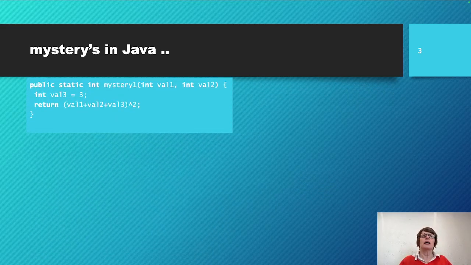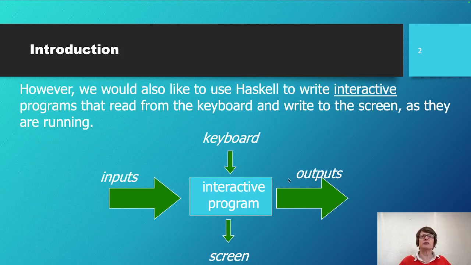But in that case, the way we describe that in Haskell is that the outside world is coming in. We're changing something in the outside world. Okay, so we're writing to the screen.